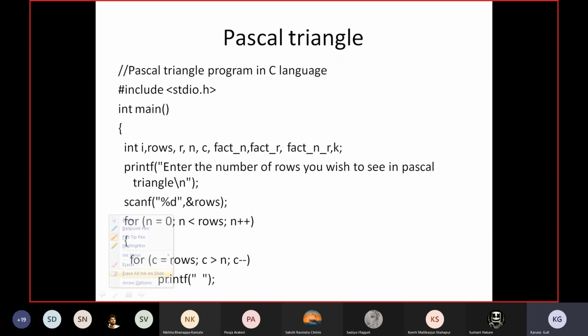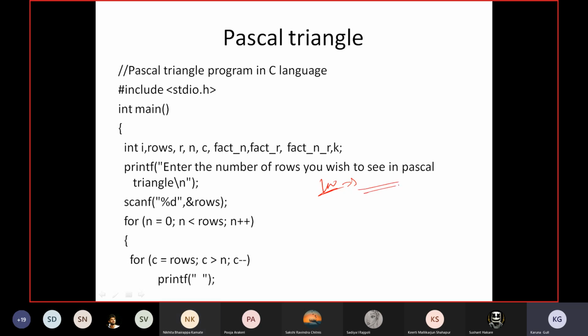The first one is talking about the number of spaces. The next for loop is for the character of interest. What is the character that you are supposed to print now in a Pascal triangle? Coefficients, binomial coefficients, correct?